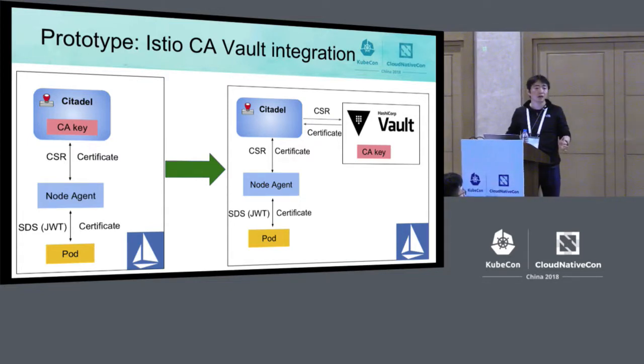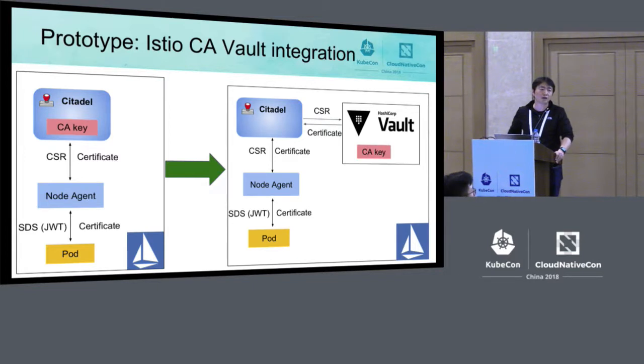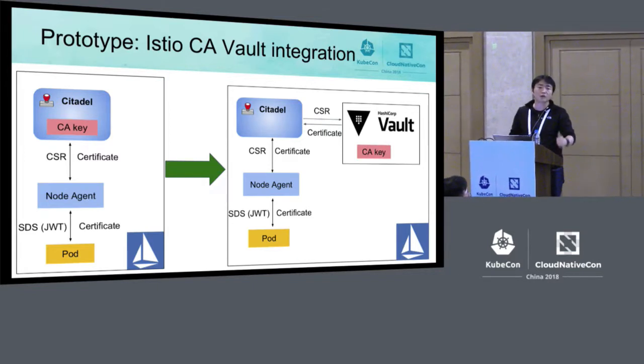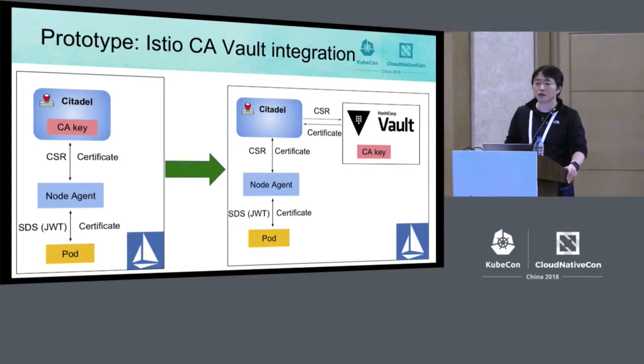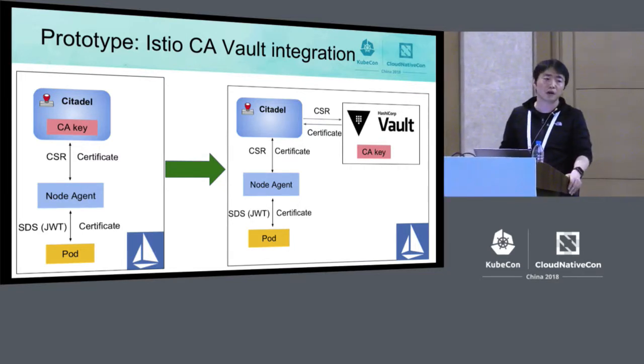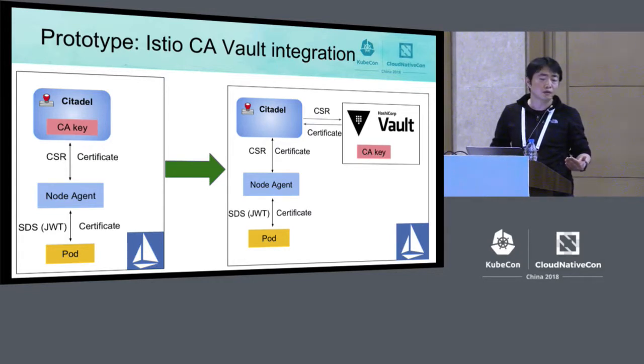So currently, like Oliver has introduced, Istio uses the Citadel to manage the certificates. With the pluggable CA, an organization may use their own CA to issue the identity certificates inside the Istio. We think this will provide a lot of use cases for different companies.